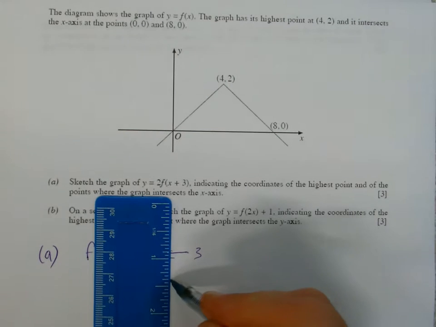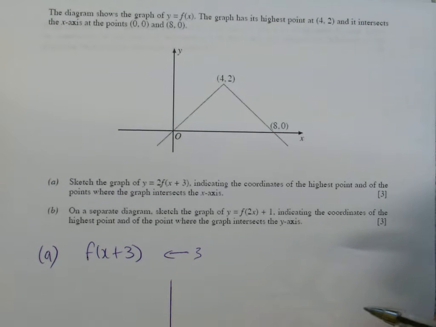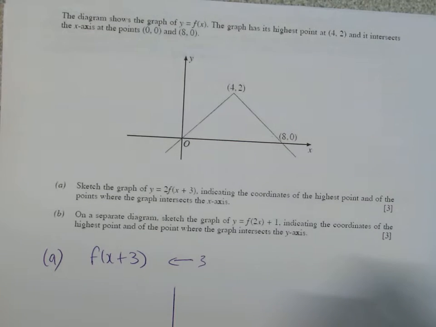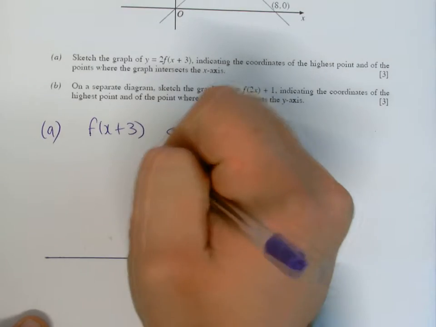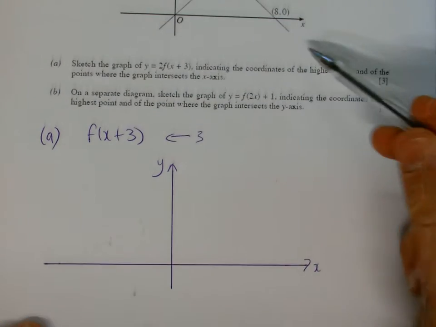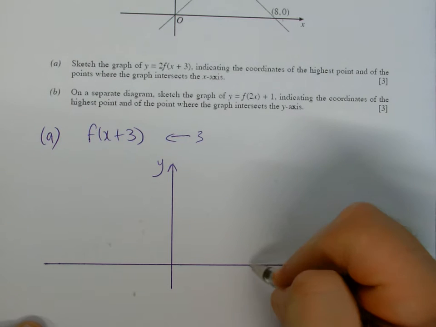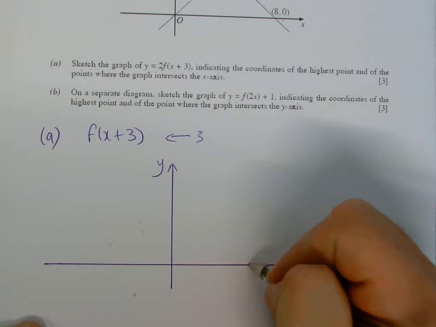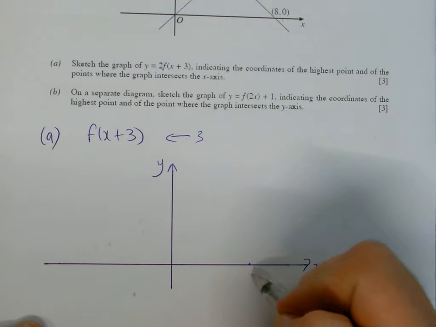Alright, so when you draw this, you need more of the x-axis, of course, for negative values of x. As I said, this point, (8, 0), goes back 3, so it becomes (5, 0). Mark it (5, 0).